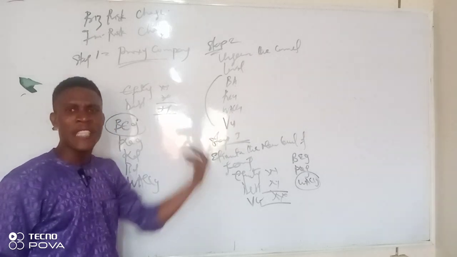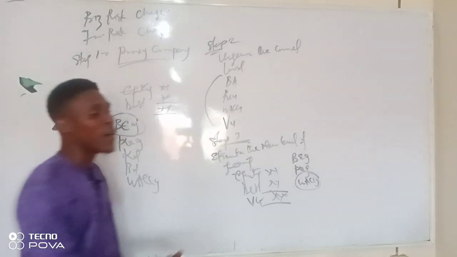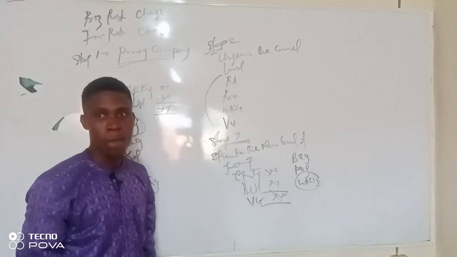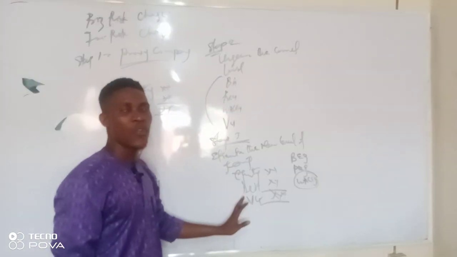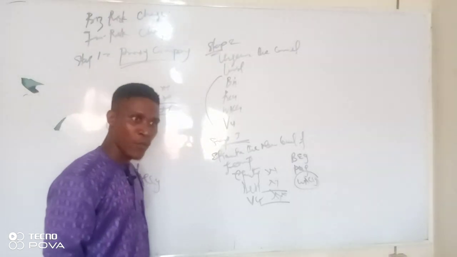Do you need to ungear this again? No. That means it is already at business risk alone. Then what you have to do straight away is to regear to the new level of the company's gearing.